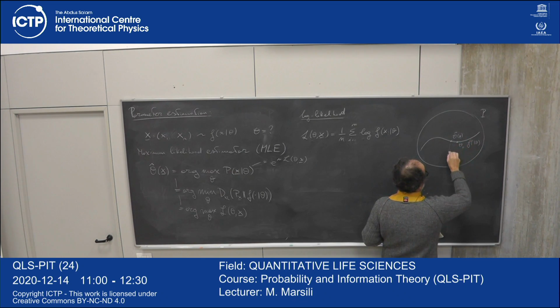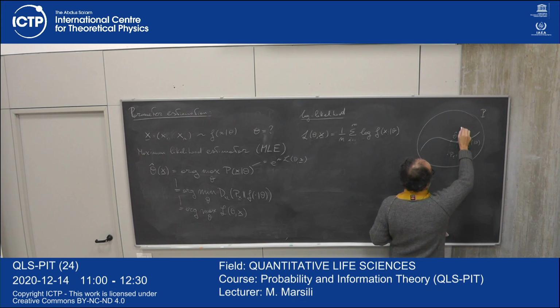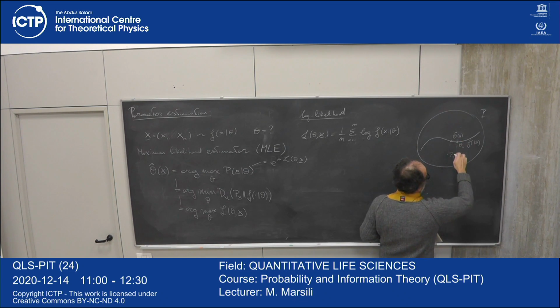Then the samples will be somewhat distributed around this point, and as a result, theta hat will be a random variable that depends on the sample that is generated.